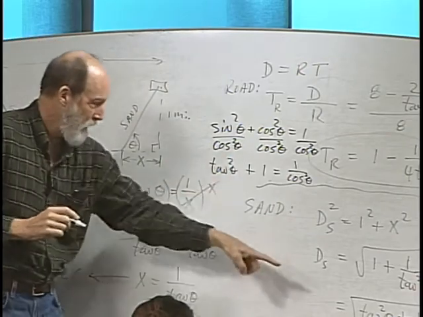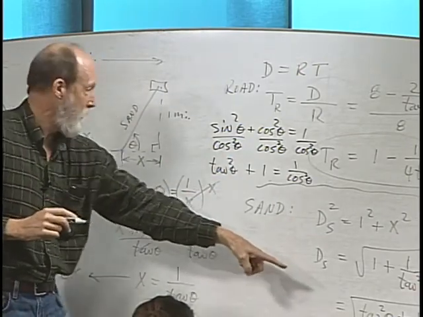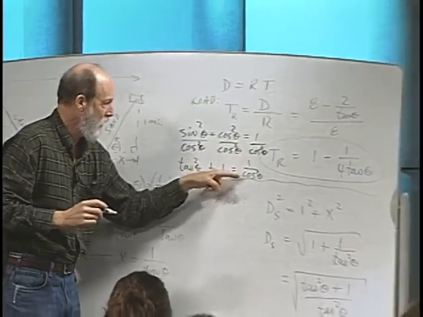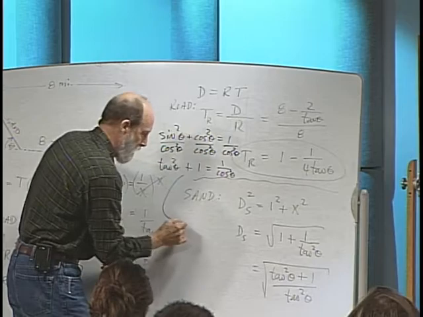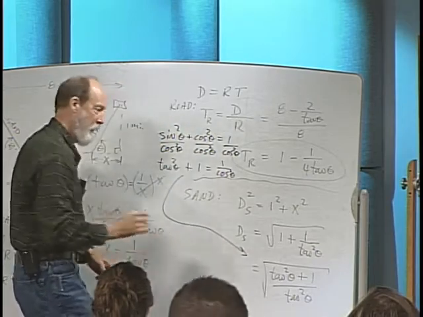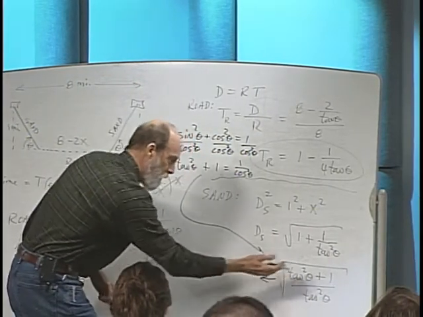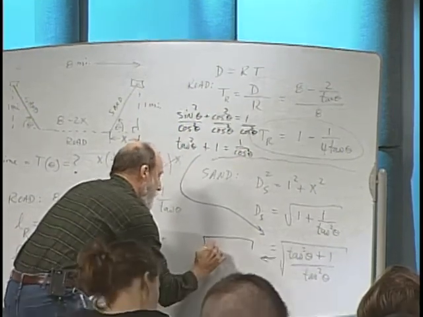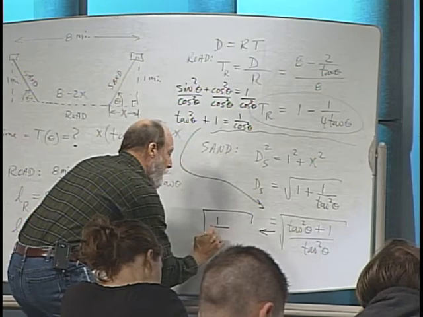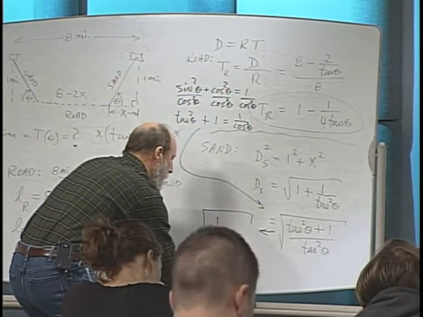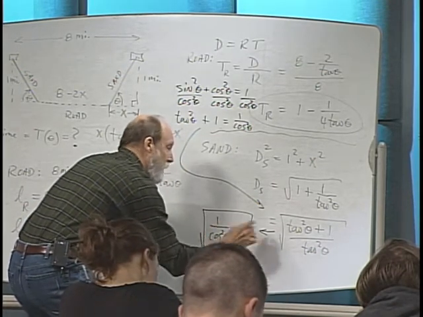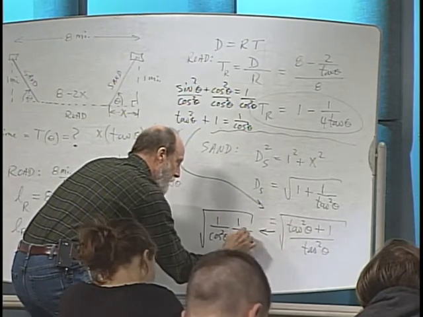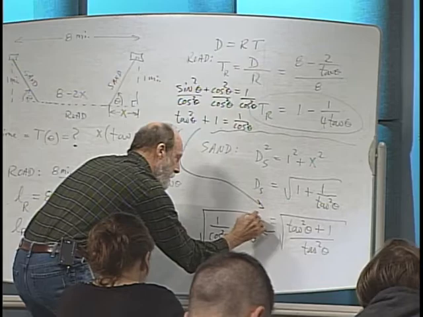So back down here in this radical, you observe tangent squared theta plus 1 could be replaced with 1 over cosine squared right down in there. So the radical for the distance on the sand is going to be 1 over cosine squared of theta times 1 over that denominator that was there, tangent squared theta.